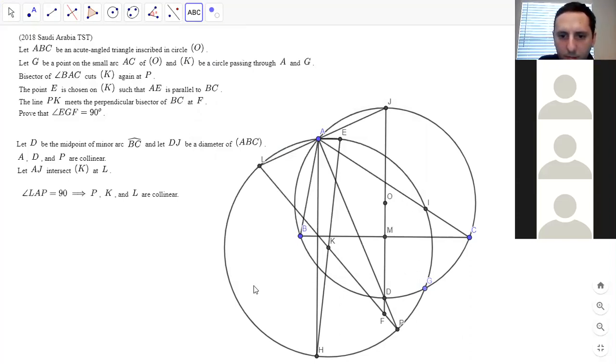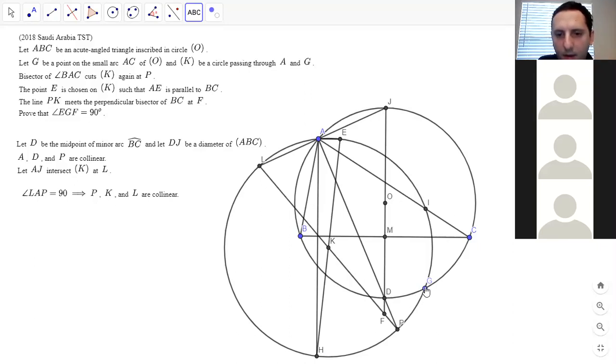Did we need point H for this proof? Yeah, I guess because you eventually used it to do the angle chase.